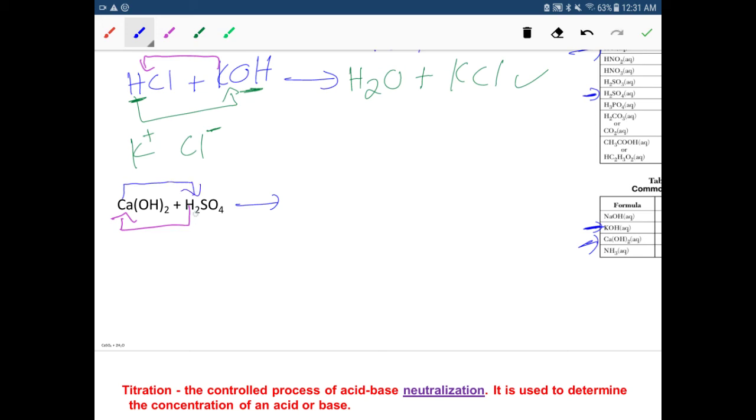All right, so H and OH will always produce water. Don't worry about balancing, we will balance it later. So don't say, oh my god, we have H2 here, we have OH2 here, how come we only write H2O? This works out when you balance it. Otherwise, just know your product is going to be water.